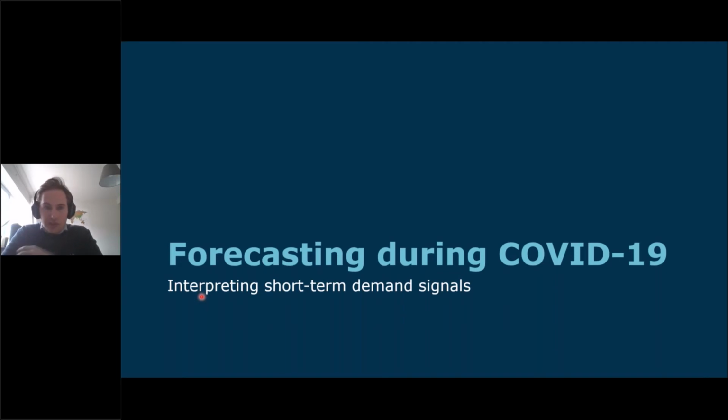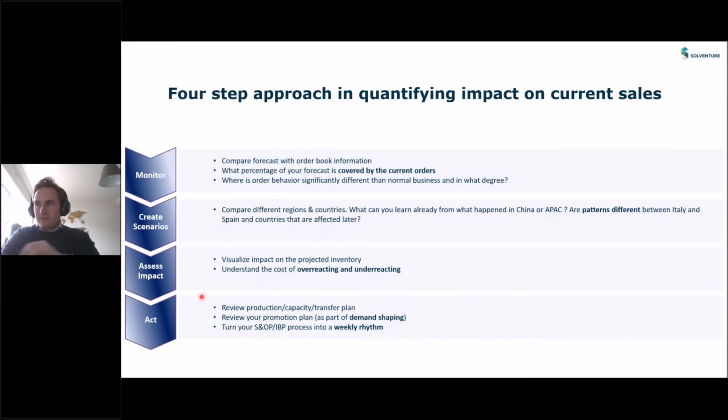So first case was actually high level, making scenarios per country, for example. And here we're actually looking at short-term demand signals. And what did we do here? We actually have 4 steps now. So monitor, scenarios, assessing the impact, and acting.